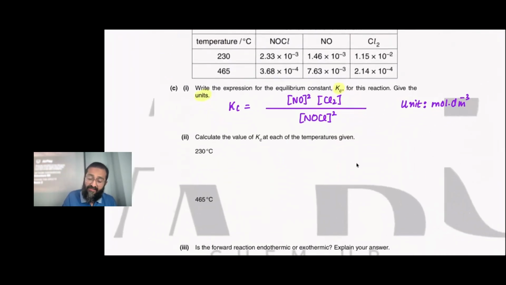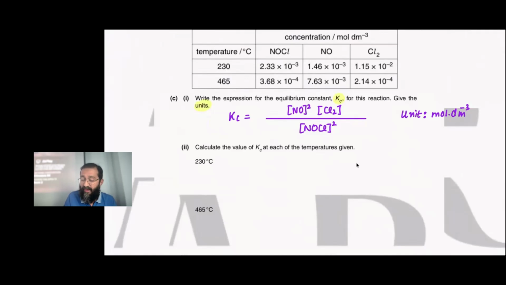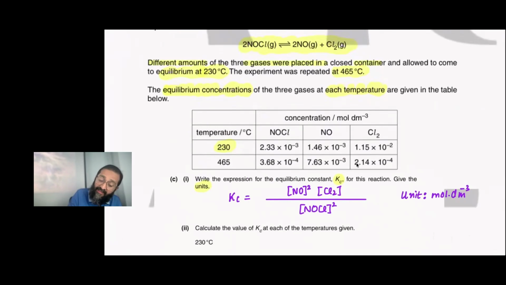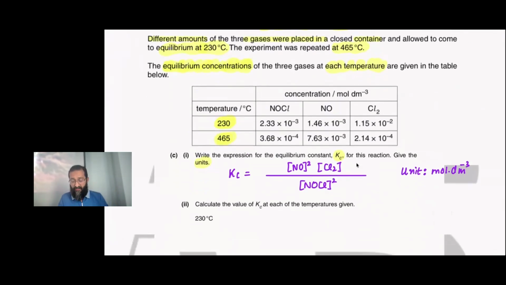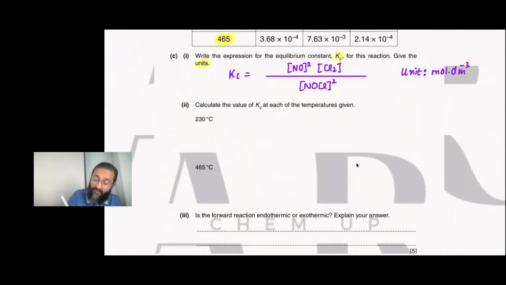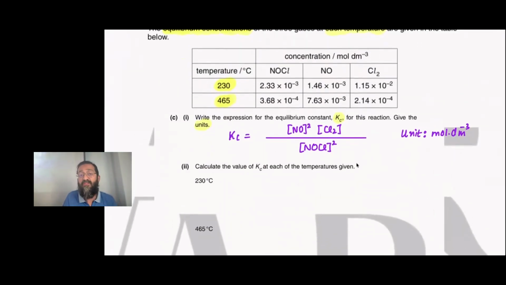Now in the next part, they are asking you to calculate the Kc value at 230 degrees Celsius and at 465. You know the equilibrium concentrations at 230 and at 465. That's why I told you initially that this is the easiest one, because they have given you the concentrations at equilibrium and you need to put them in the Kc expression.